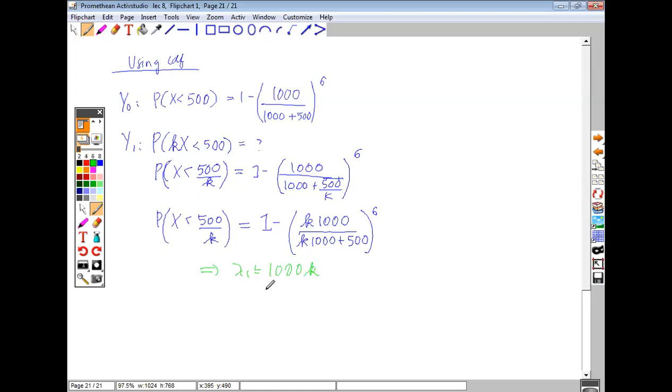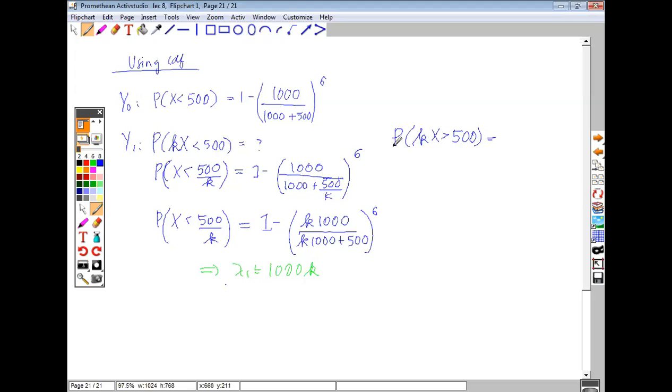What if I figure out that the probability that my kx will be more than 500? You have only taken into account the claim amounts which are less than 500, to say that your lambda 1 is 1000k, but you also have to take into account the claim amounts which are greater than 500.